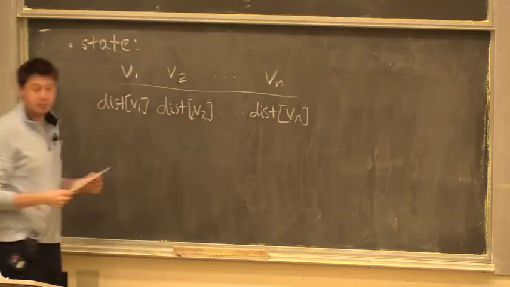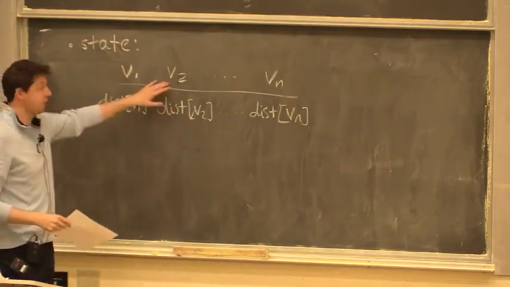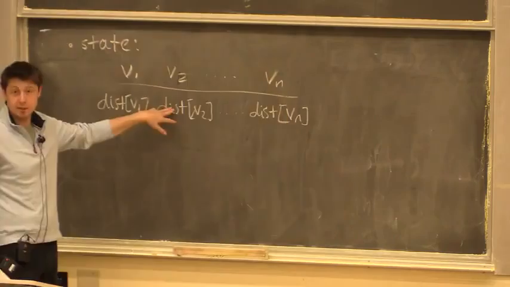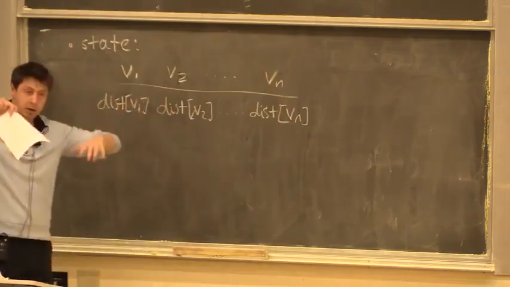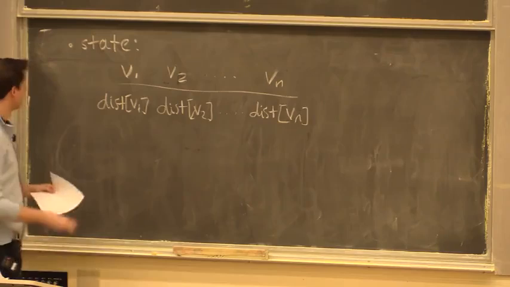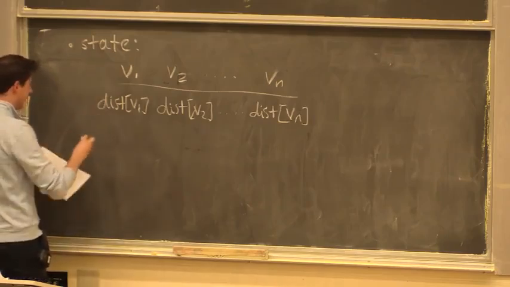By estimate, I mean it is literally the length of some path that goes from the start to that vertex, okay? So it's always at least as good as the answer. It will never be below it. And as the algorithm runs, these distances will settle into the correct answers, the shortest paths, okay? So that's one state of the algorithm.